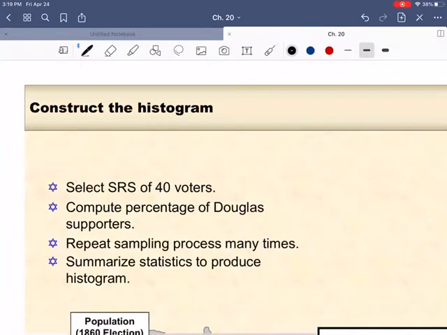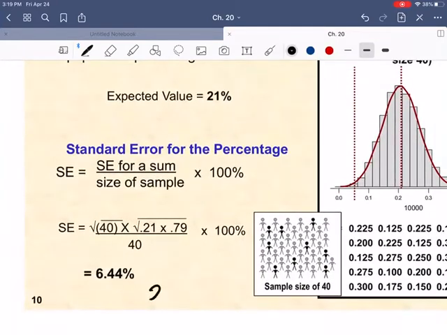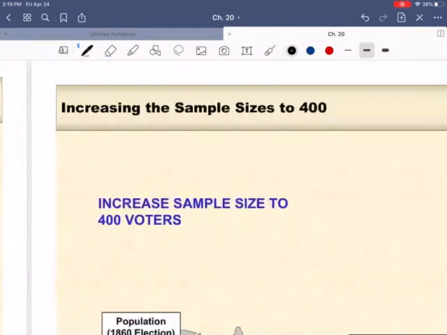When we increase it to 40 voters, it's 21%, give or take 6.44%. So increasing the voters gets rid of some of the variability. That's what this SE percent is. That's like your standard error. That's how far off you're going to expect most people to be from the average. So this error is smaller when we have a larger number.